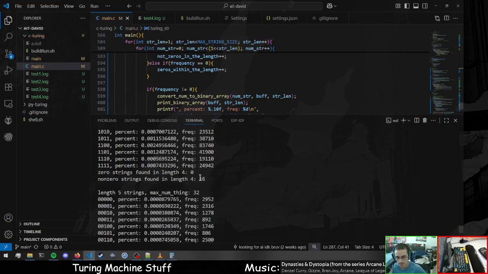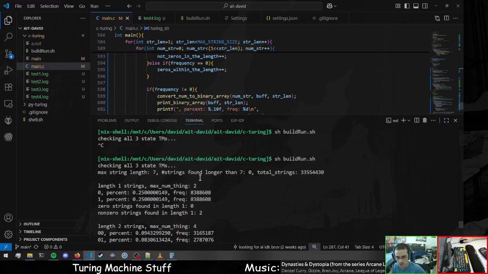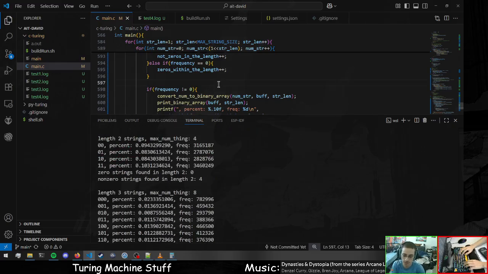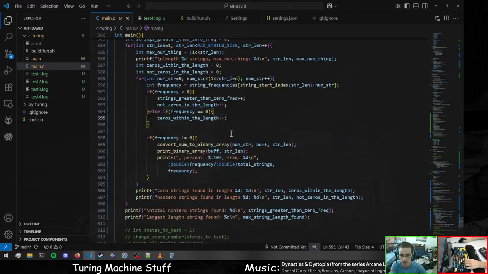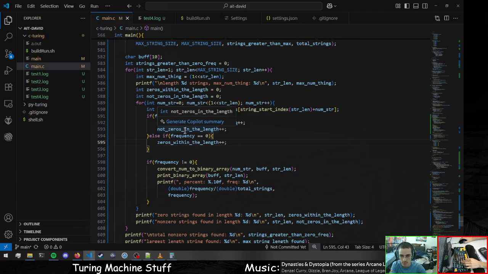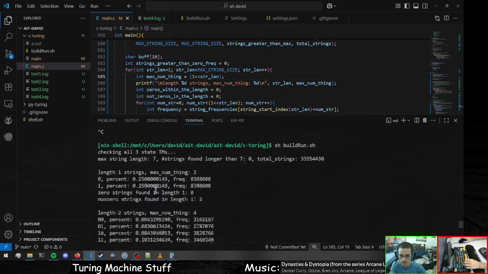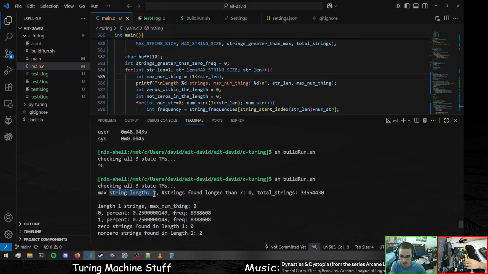And yeah, we didn't even consider right here, I think. I need to consider this. Max string length is 7.